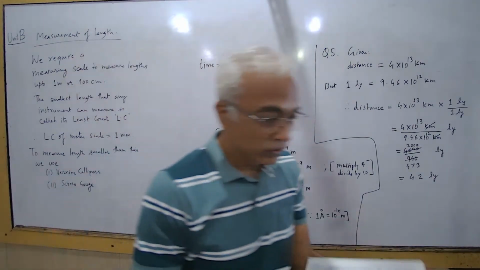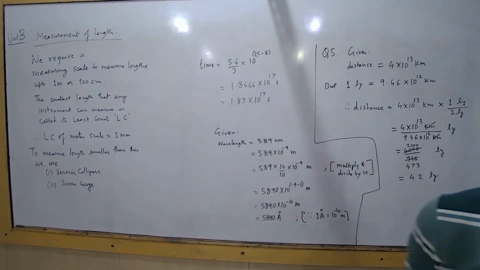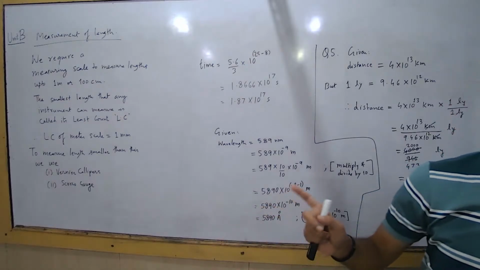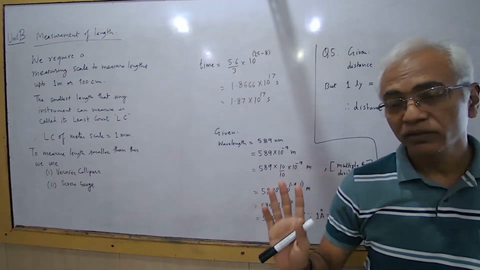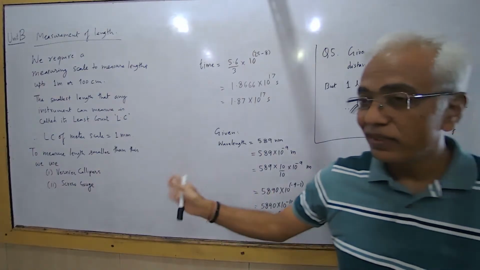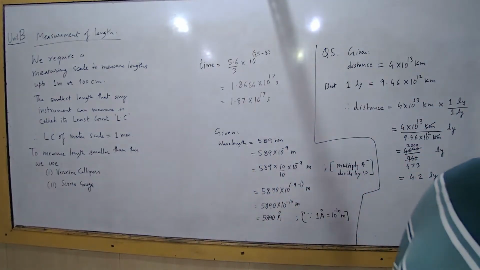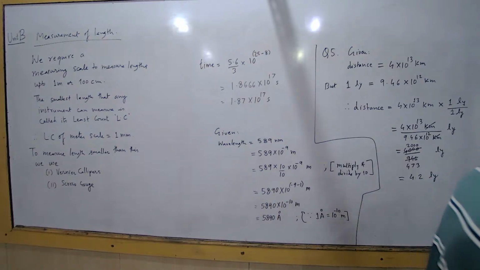Very interesting. The smallest length the vernier calipers can measure is 0.1 millimeter, 1/10 of a millimeter, and the screw gauge can measure 0.01 millimeter. Just imagine 1/10 and 1/100th of a millimeter. That's a very small length, right?